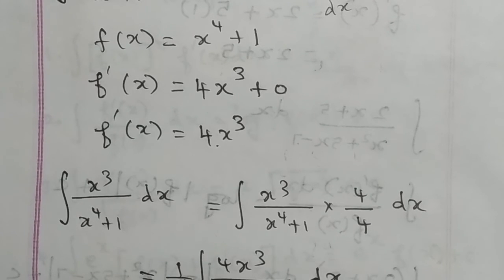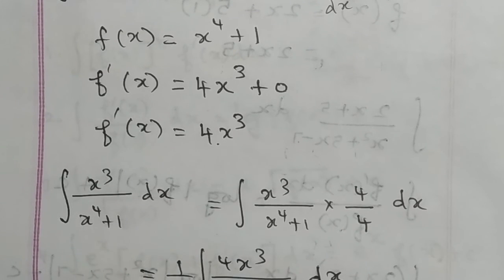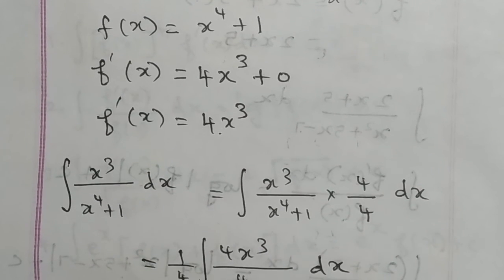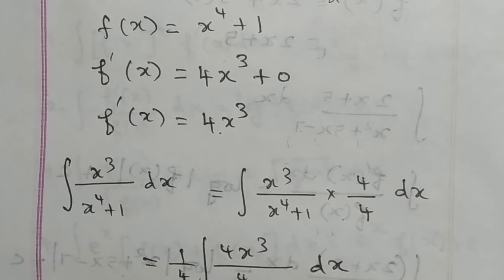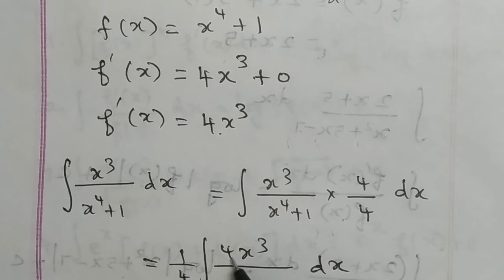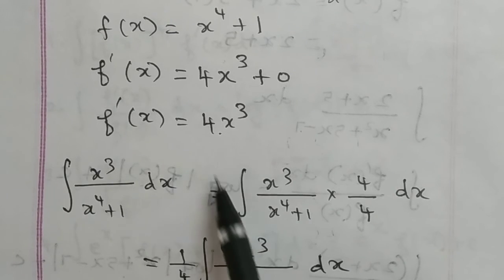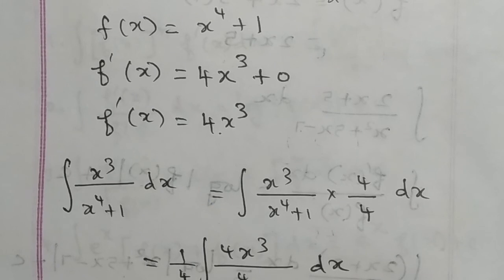We take it common outside: 1 by 4 integral of 4x cube divided by x power 4 plus 1. Now find the derivative of x power 4, which is 4x cube. So this value is f dash of x. F dash of x is 4x cube, in the numerator. The denominator is f of x.